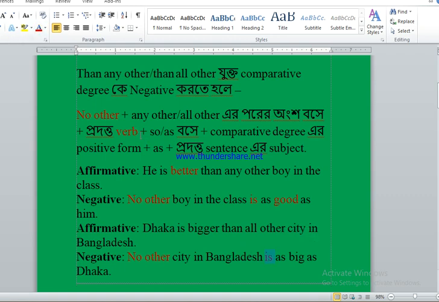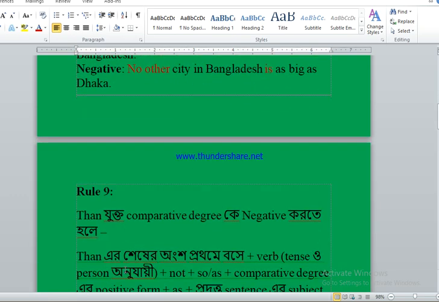Then you will use "as" or "so", then the positive form of the comparative degree. Big is the positive form of bigger, "as Dhaka". At the last you will use the subject of the affirmative sentence. That means you will use the subject of the comparative degree in the negative sentence. Okay, I hope you are clear.